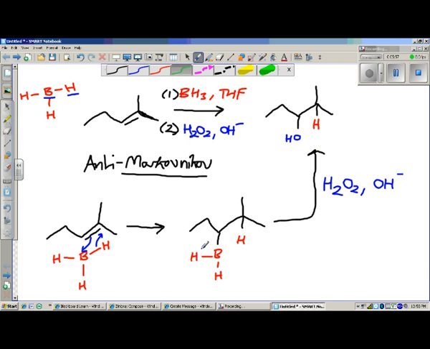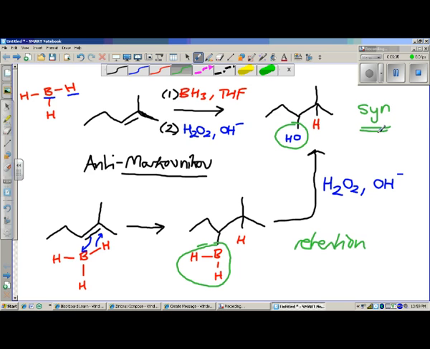The BH3 group here, or the BH2 I should say, gets removed and displaced by this OH group with something called retention of configuration, meaning if this was on a dash and this was on a dash in this intermediate, then the OH would be on a dash too. So retention means it keeps the same stereochemistry. So if this is on a dash, so is this. So these two end up both being on dashes. That's why this is syn addition.